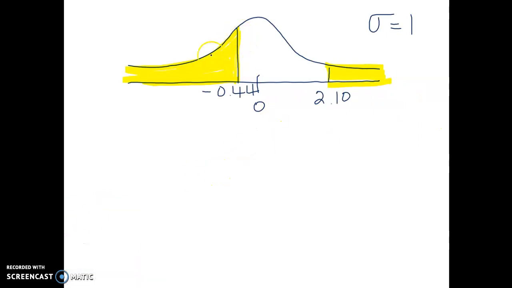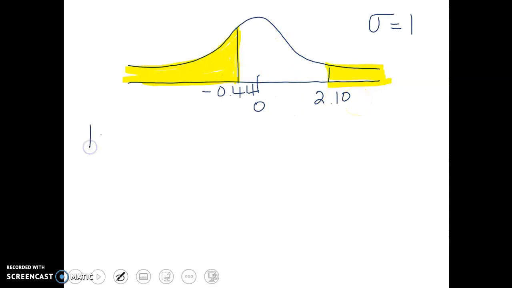Another way to do it is taking what we know about the probability density curve. We know that the entire curve is 100% or 1. So we can find the area in between negative 0.44 and 2.10, and we can subtract that from 1, and that will give us these outside portions.